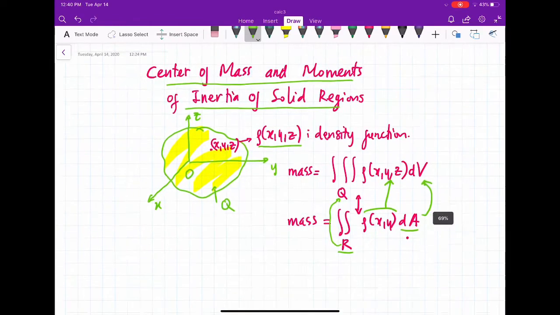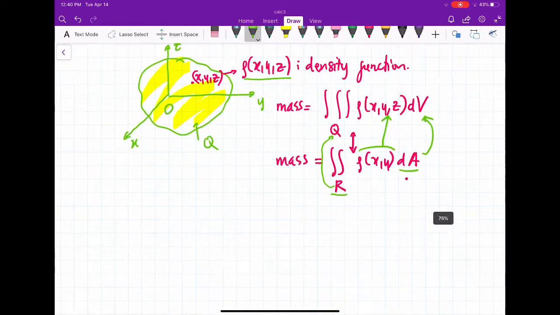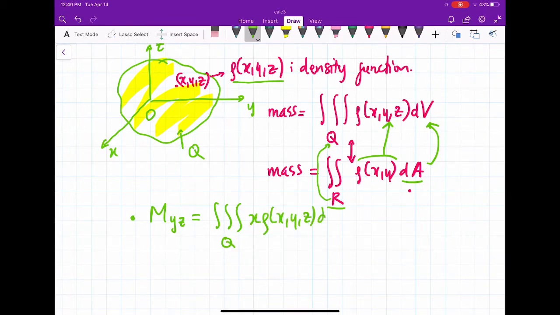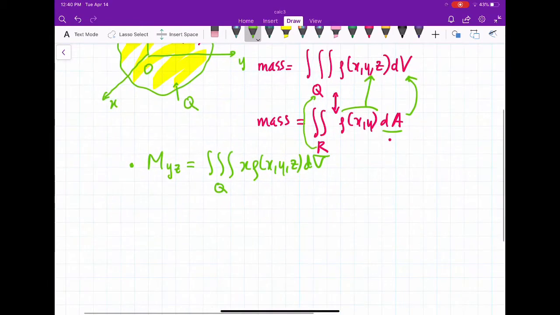Similarly, we have formulas for the first and the second moments. We have the following one. M_yz equals the triple integral over Q of x rho(x, y, z) dV. Let me write them out and then I will explain.